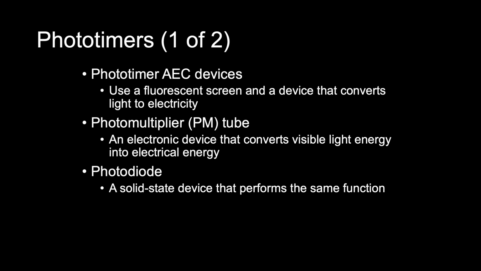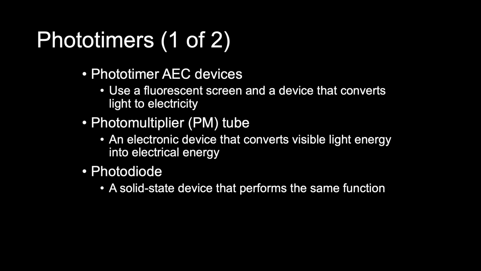The phototimers use a fluorescent or light-producing screen and a device that converted the light to electricity. A photomultiplier tube, or we call it a PM, is an electronic device that converts visible light energy into electrical energy. A photodiode is a solid-state device that performs the same function.